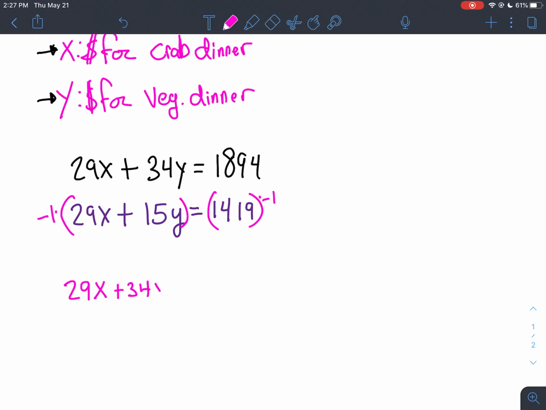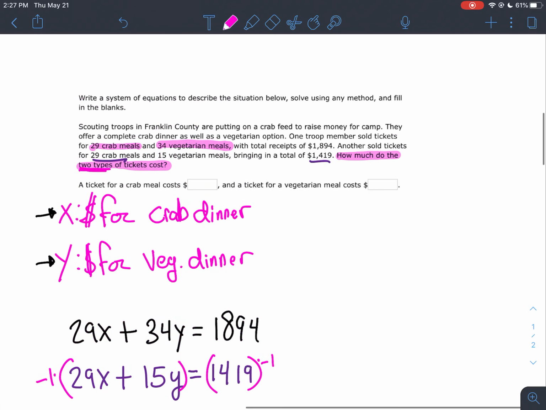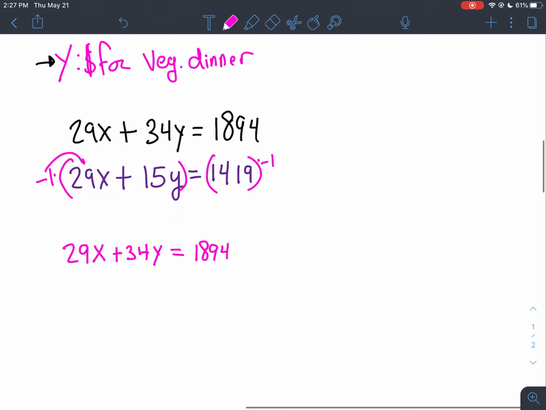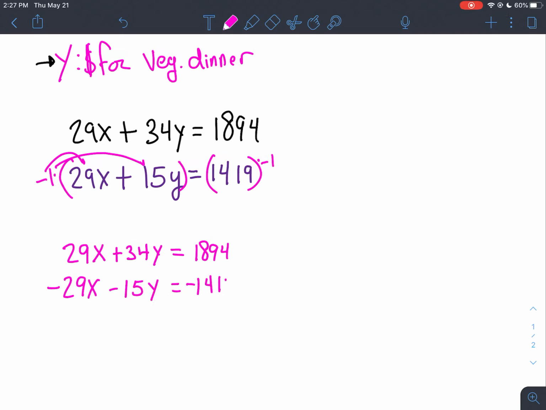29x plus 34y equals 1894. And now when we multiply the bottom by -1, we've got -29x, and you see we set it up so that those are opposite, minus 15y equals -1419.